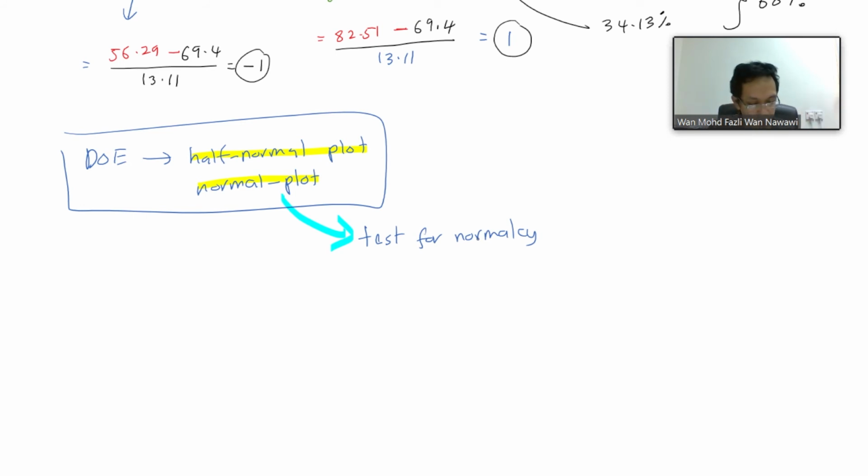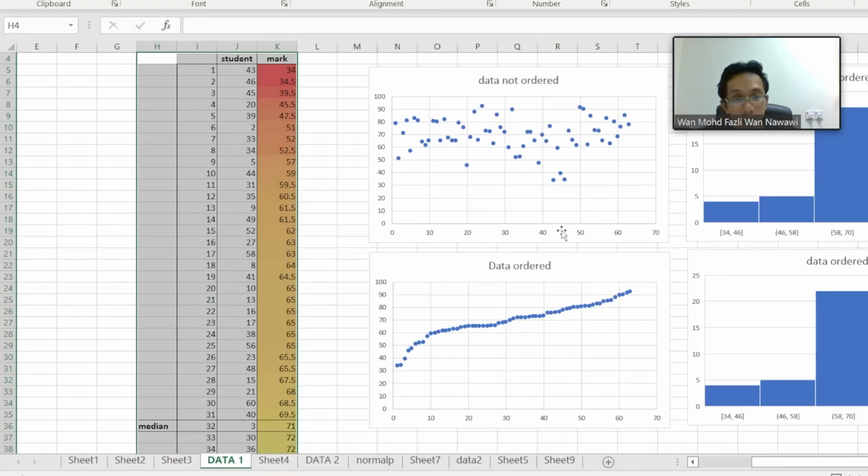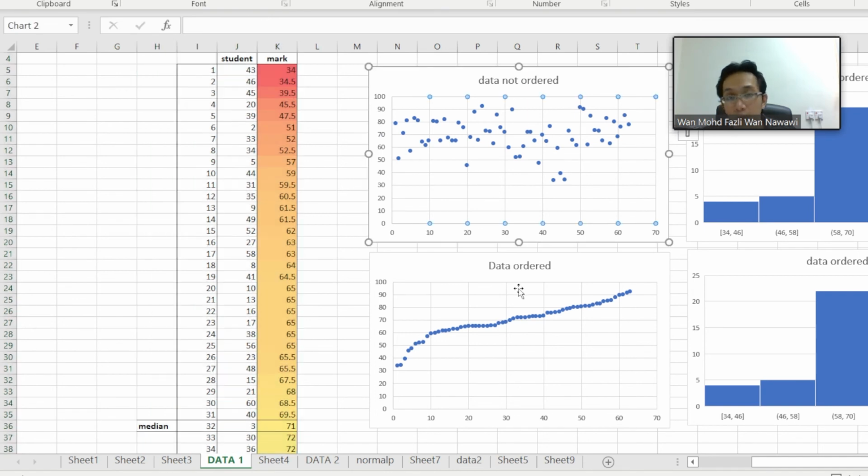So this is the test to assume the normality. Okay, so you have the normal plot graph. What we showed before was a scatter plot.